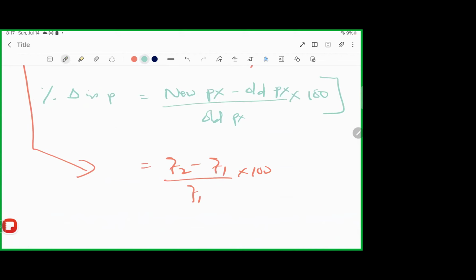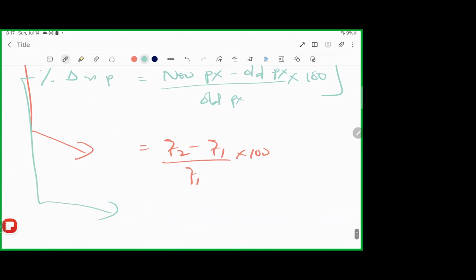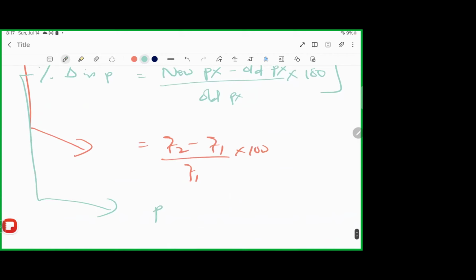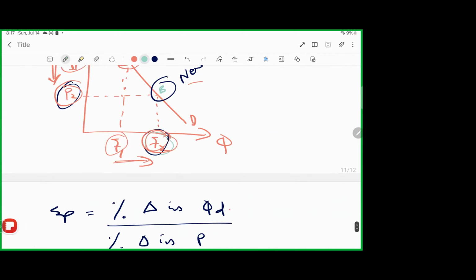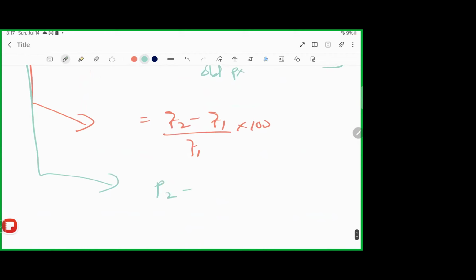And from the price side, the new price P2 minus P1, all over P1, times 100. Whatever you get here would be the elasticity.